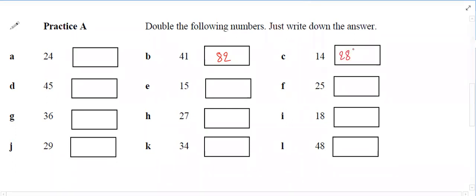Correct. Okay, Bhargav, D, fourth question.